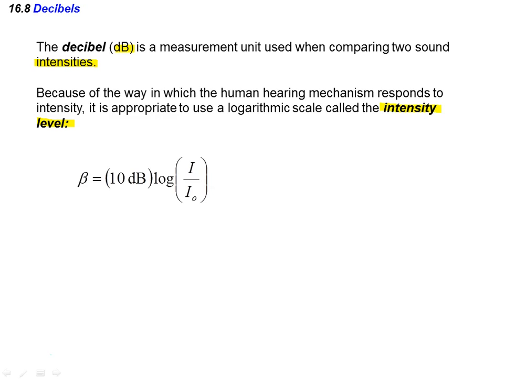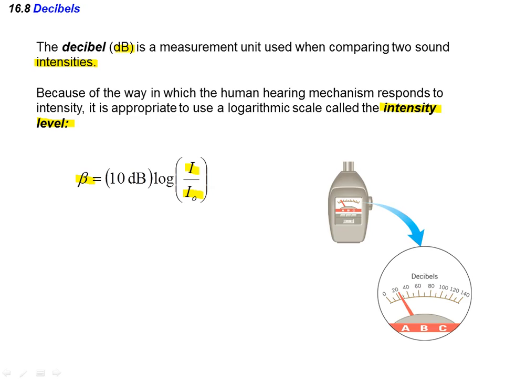And we find that we use the capital beta to denote the decibel, and that's equal to 10 decibels times the logarithm, and this is log base 10, of the intensity divided by this reference intensity that we want to use. And because we typically want to deal with human ears, we use the threshold of hearing as the reference intensity, and that's 1 times 10 to the negative 12th watts per square meter.